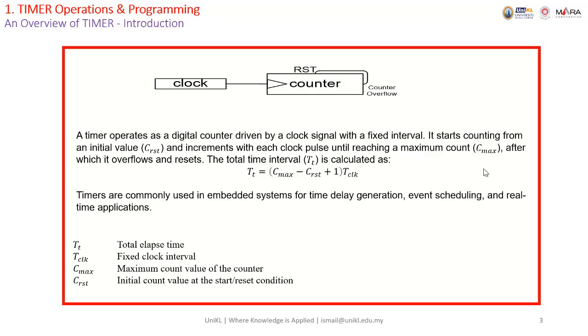First of all, let's look at the block diagram. Actually, that is the counter, a binary counter. How does the binary counter work? It will count up. We talk about the up counter, not the down counter.